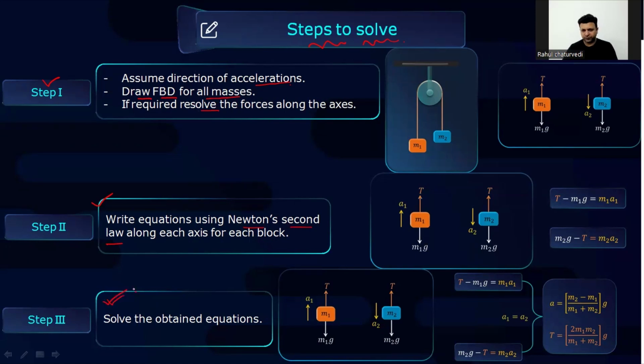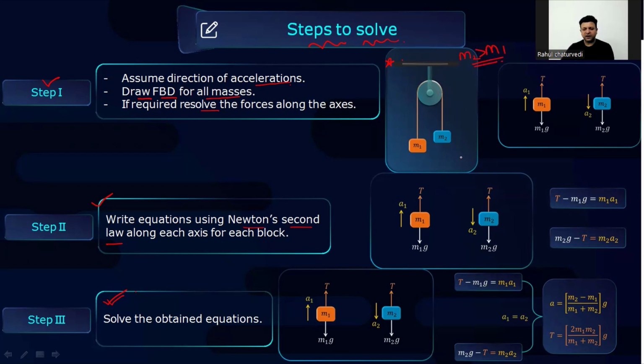and then you can solve the obtained equations. So for example, in this particular case, there are two masses, M1 and M2, attached, right? I'm considering here that the M2 mass is greater than M1 mass.